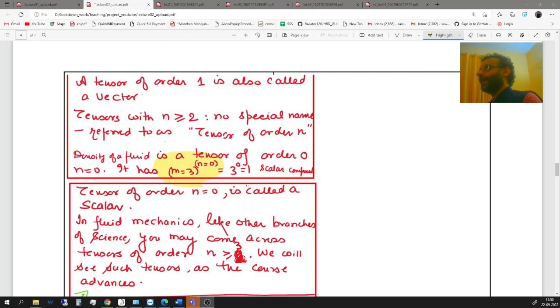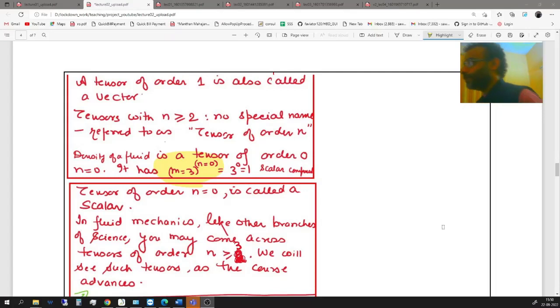Now in fluid mechanics, like other branches of science, we will come across tensors of order 0, of course scalars, order 1, order 2, and even tensors with order more than 2. Especially when you go to turbulent flows, we come across tensors of order 3, 4, and so on.